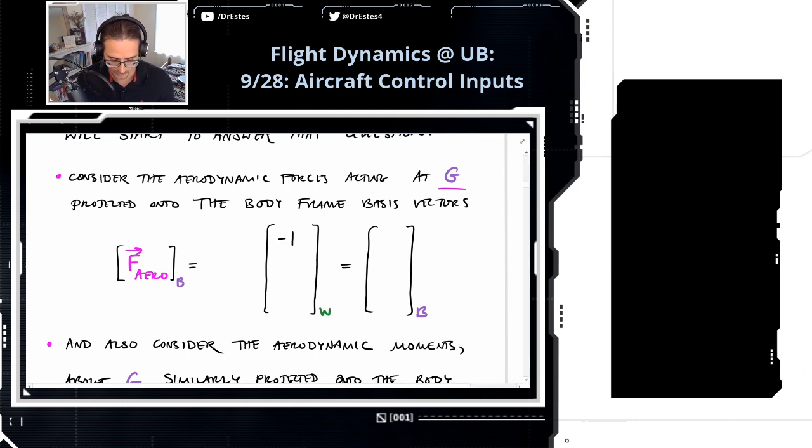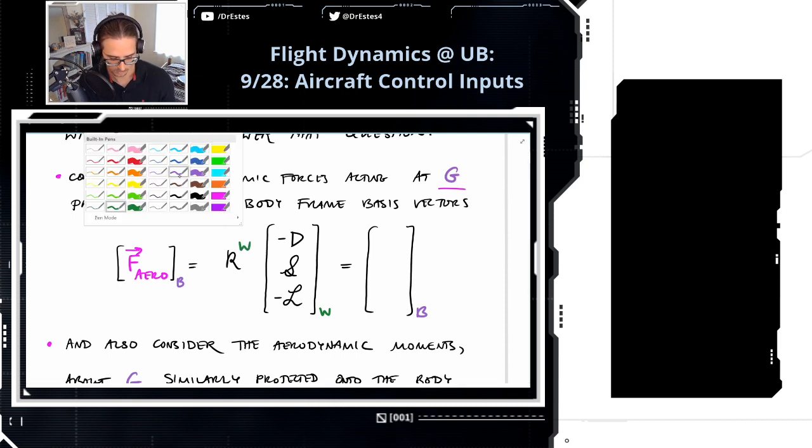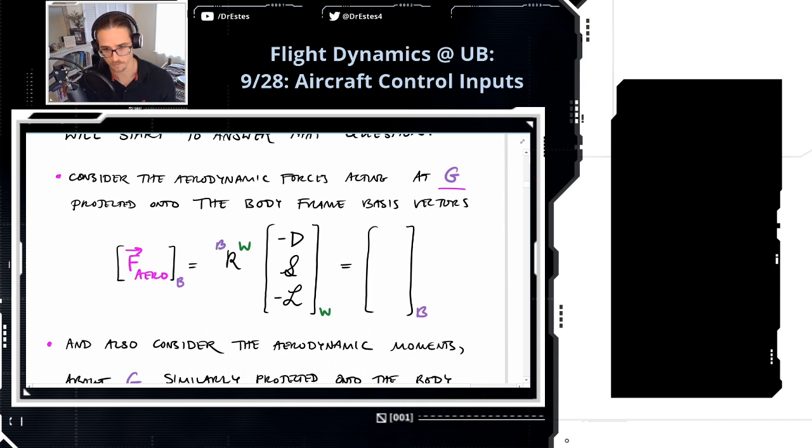So just to recap, we have the drag, we have the side force, and we have the lift. And these are just the signs in the wind frame. So some of these are negative, some positive. Now, if I want to go to the body frame, I have to use the rotation matrix from the wind frame to the body frame.